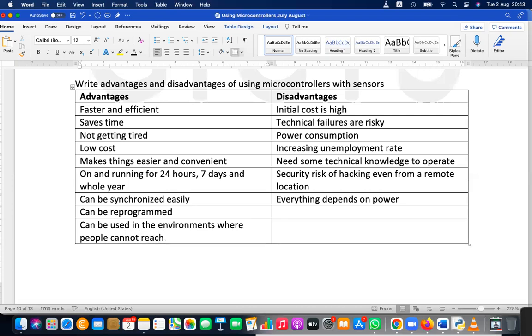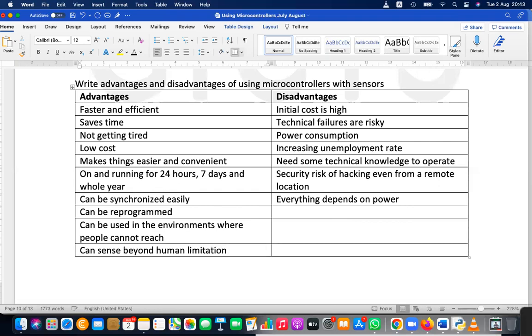So you can reach remote environments like space, and certain dangerous activities like underwater or volcano monitoring, or tsunami monitoring. And it can sense beyond human limitations.